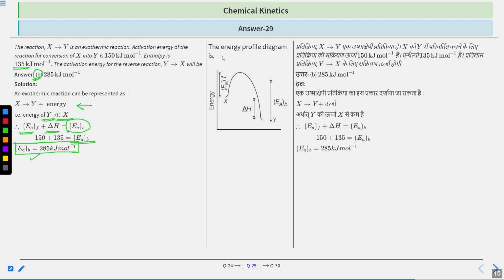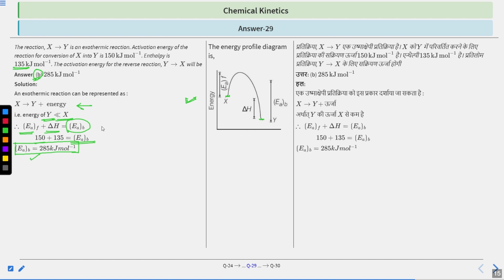You can see that the energy diagram profile for this reaction will be this much. X is here, Y is here. It is going from here to here. This much, that is the reactant energy to the bottom line, will be del H. The reactant energy to the upper line highest point is activation energy for the forward reaction, and the total distance is activation energy for backward reaction.